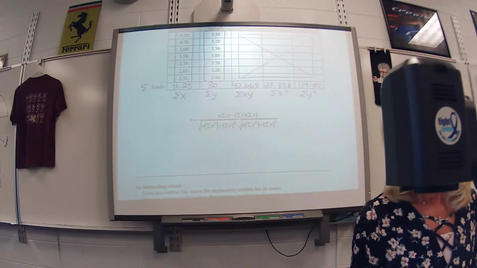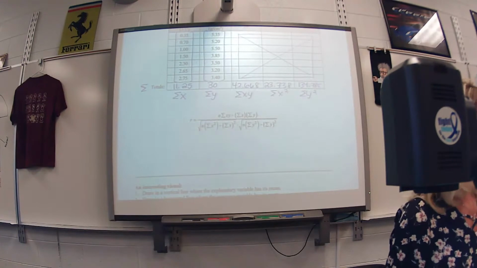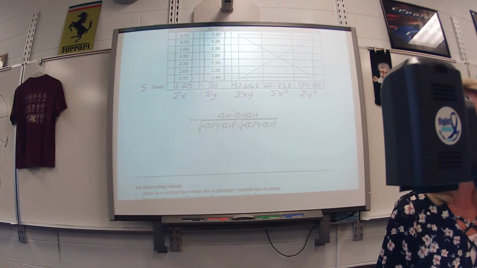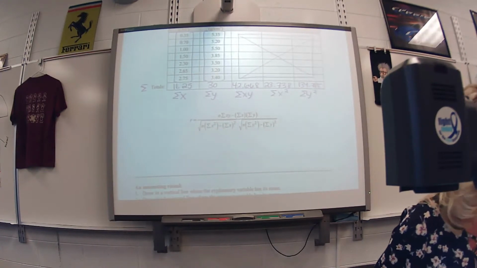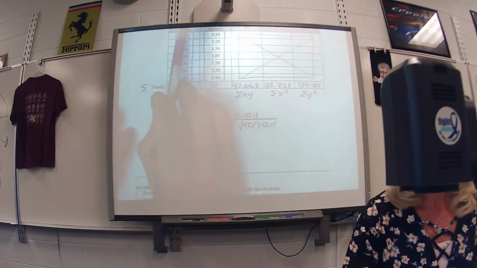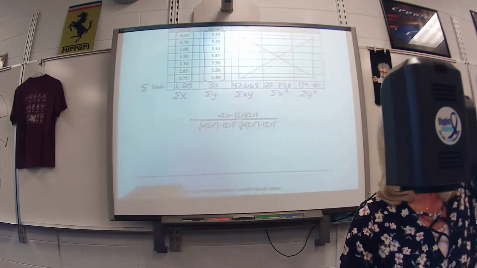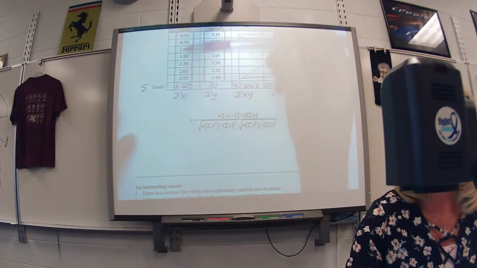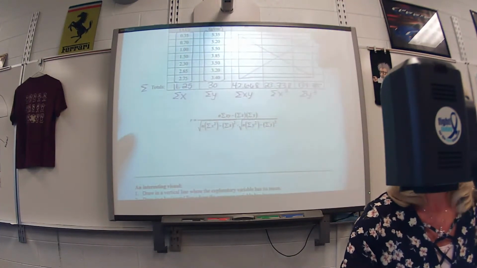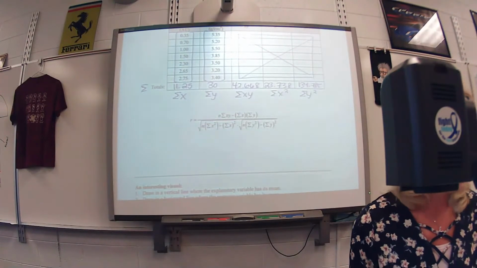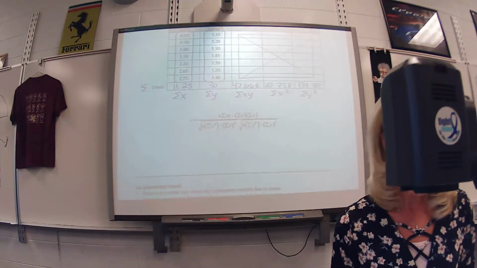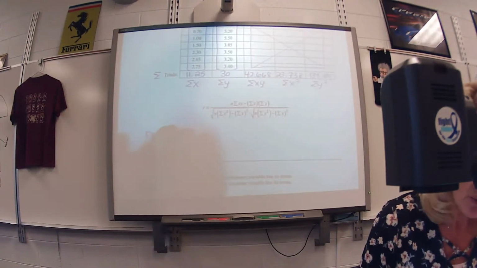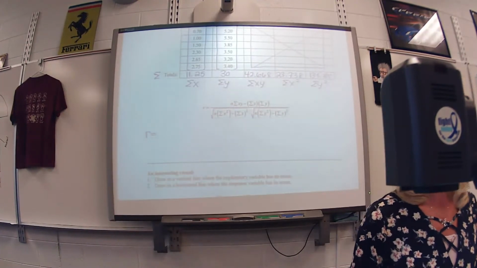I also like going through this exercise because it is good to understand that the calculator just calls everything X or Y. So whatever you have on your paper, when you do one variable statistics, it's just doing that column, whether it's called X or Y or XY, whatever. All right, so now we're gonna take these numbers and put them into this formula. R equals N. What is our N size here?